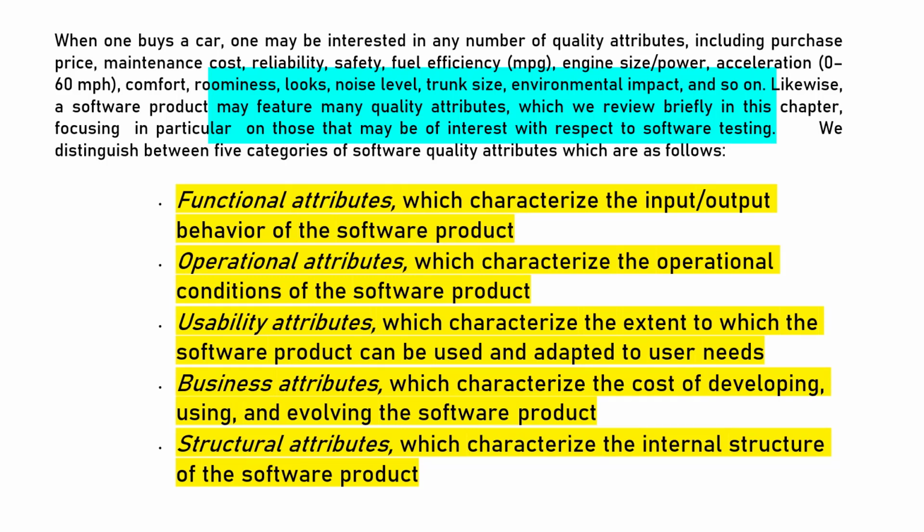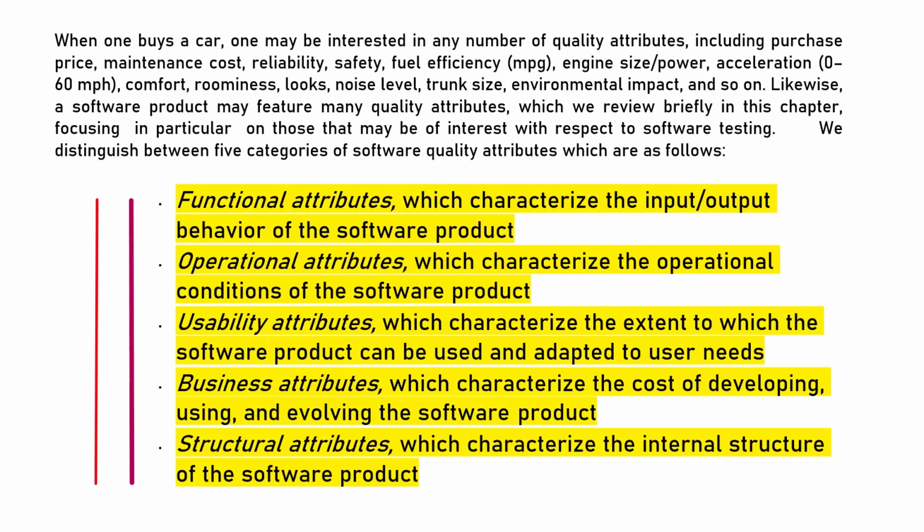We distinguish between 5 categories of software quality attributes, which are as follows. Functional attributes, which characterize the input/output behavior of the software product. Operational attributes, which characterize the operational conditions of the software product.